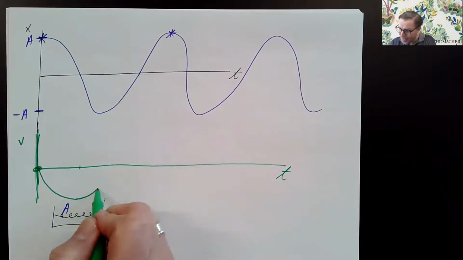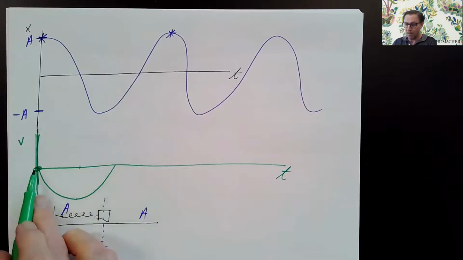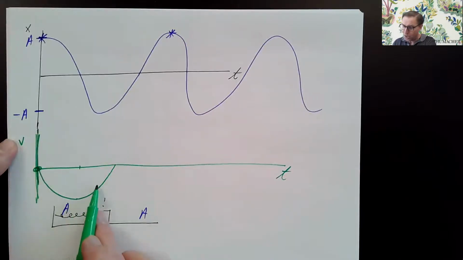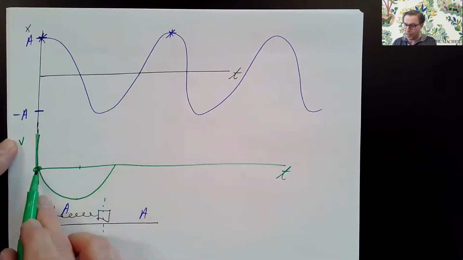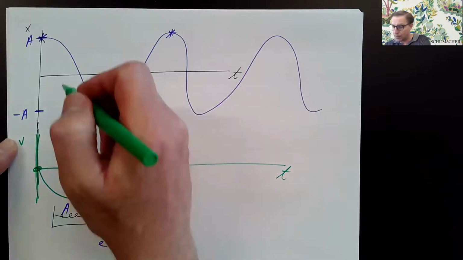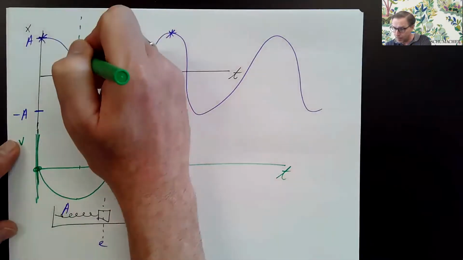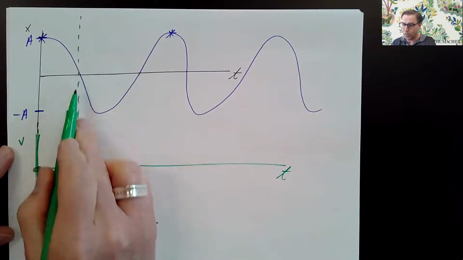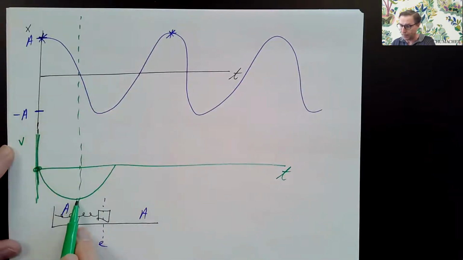That looks like this. Velocity graph, farther from 0, closer to 0. This is speeding up, fastest, slowing down, stopping. And so this vertical line, we get back to the origin when we're going the fastest.